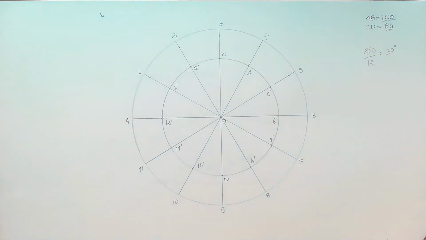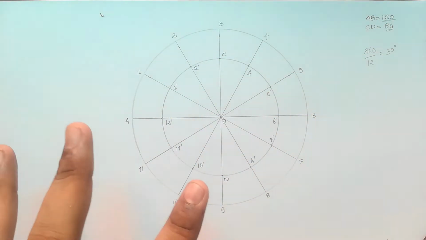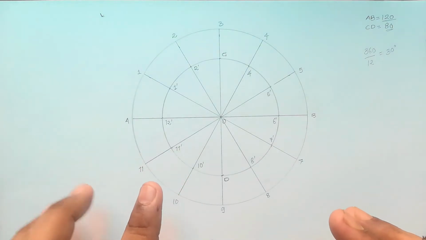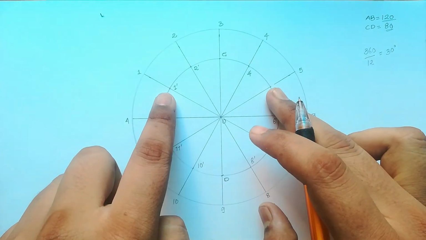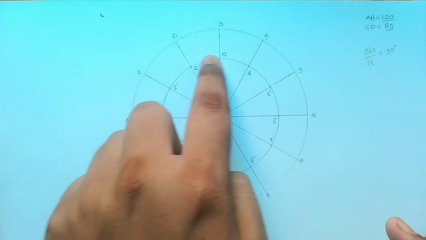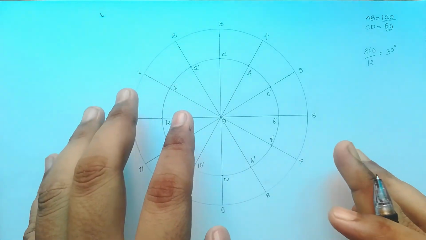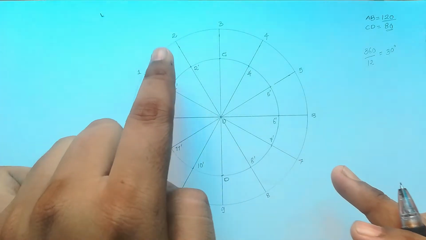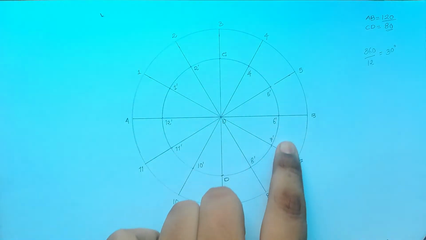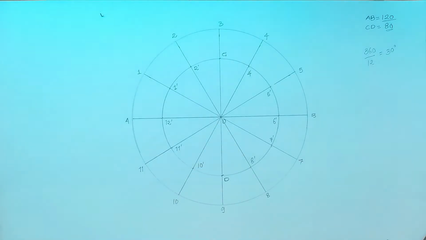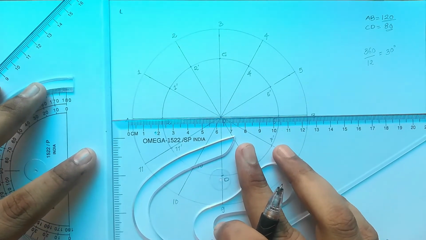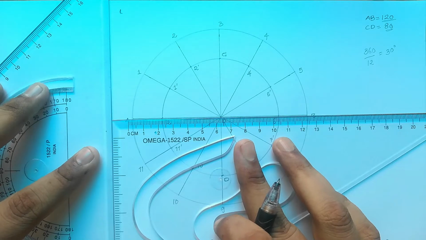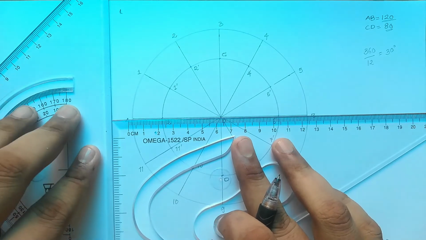Now let me explain how to get the points. First of all, we will draw a number of horizontal lines from all the points available in the inner circle. We will draw them such that they come in between these two circles. First thing clear? So let me draw the horizontal lines. For the horizontal line reference, I will take this major axis because this is the horizontal one.